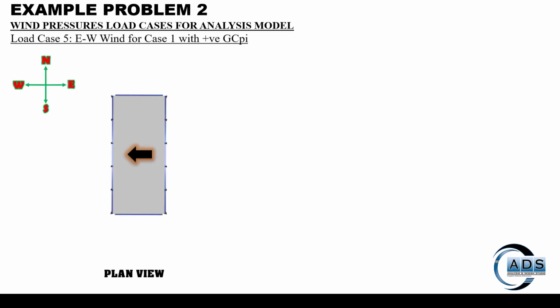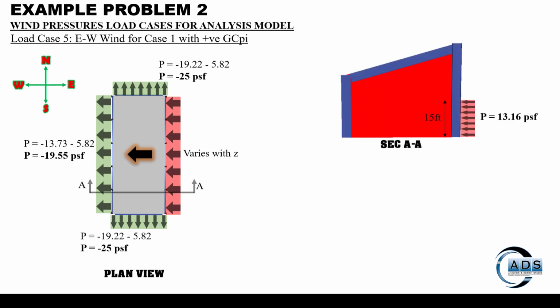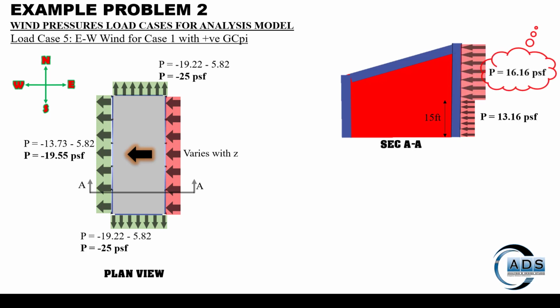For load case 5, wind is blowing from east to west, so this one will become the windward side now, and this particular pressure is the average of the lower third pressures.